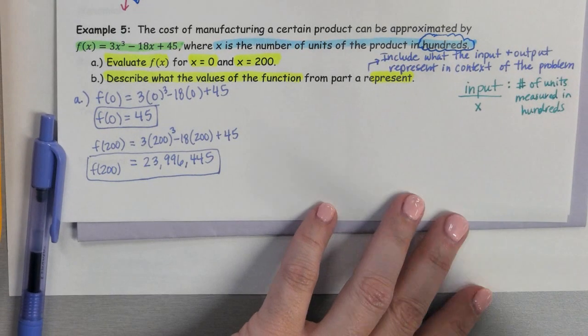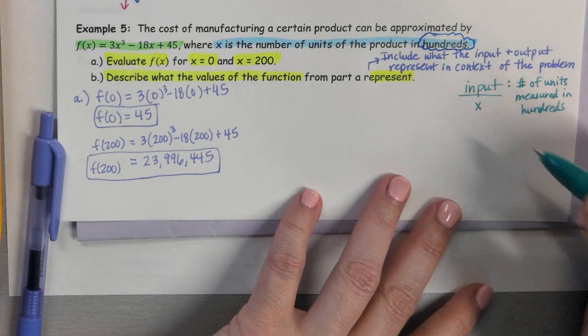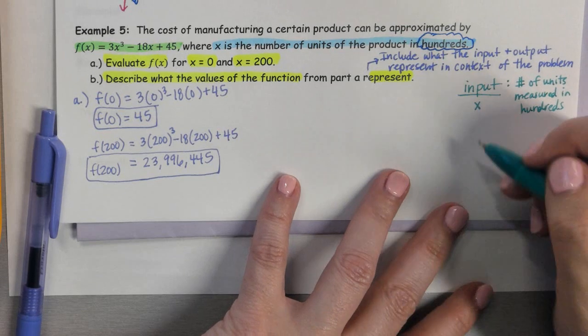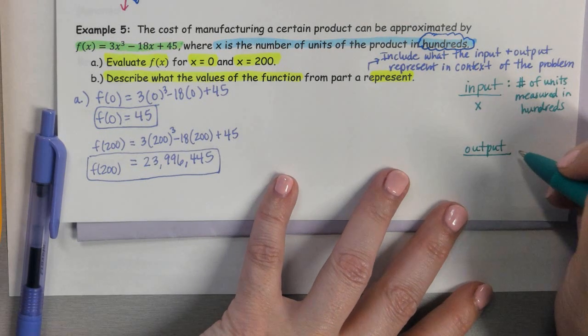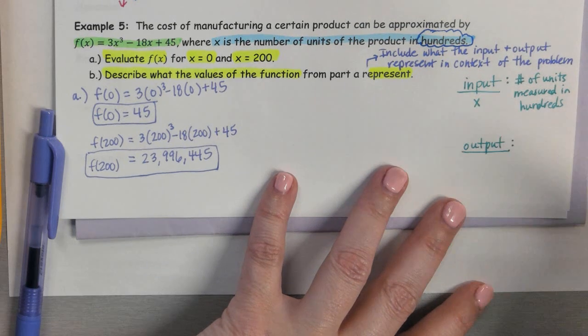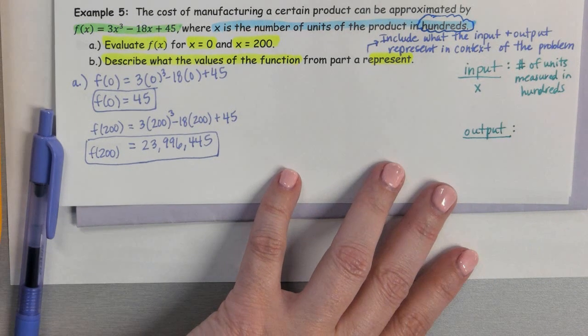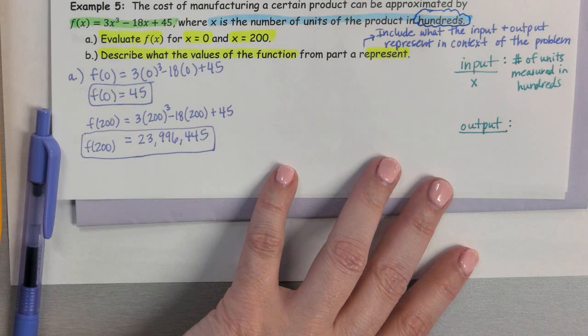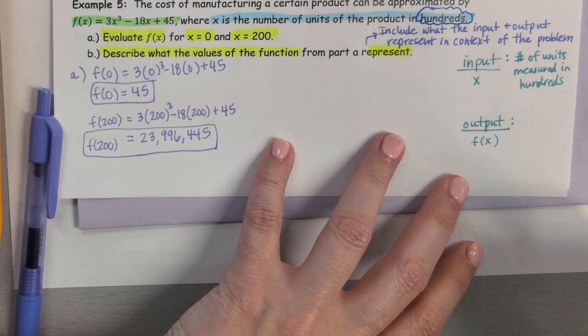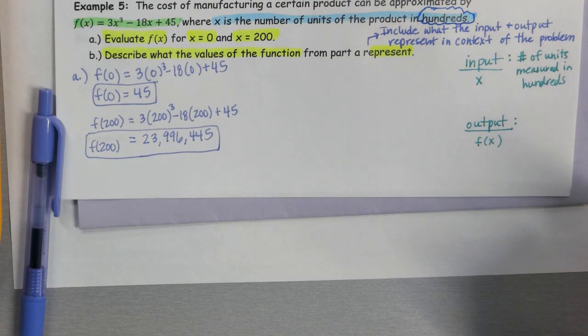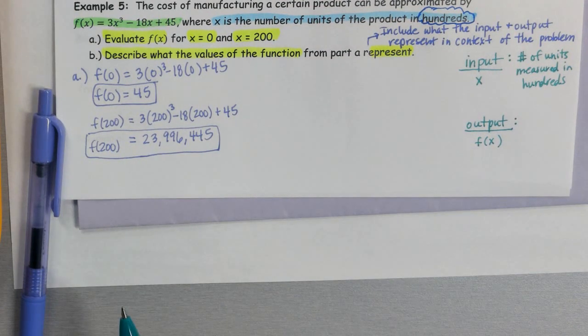Okay, now let's talk about the output. Leave a little space because we're going to do something else there. The output is represented by what variable? Yeah, f of x. Good. And it does tell you what f of x is, right?